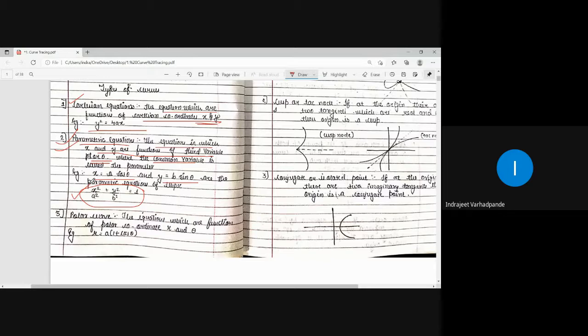If you remember, the constant a is plotted on the x-axis. This is plotted on the y-axis. It is taken as the coordinate 0 comma b. So x is always associated with the trigonometric term cos, y is always associated with the trigonometric term sine, and therefore the parametric equations for the ellipse x square by a square plus y square by b square is equal to 1 are x is equal to a cos theta and y is equal to b sine theta.